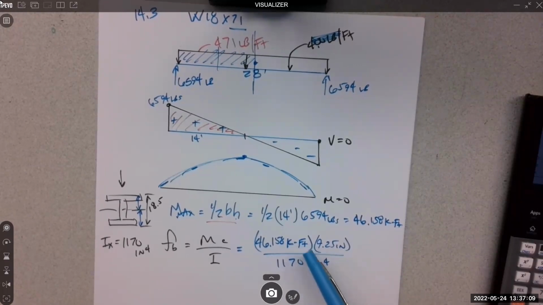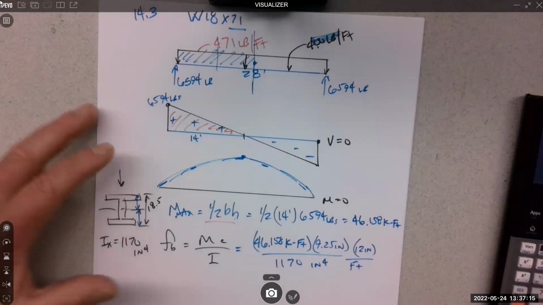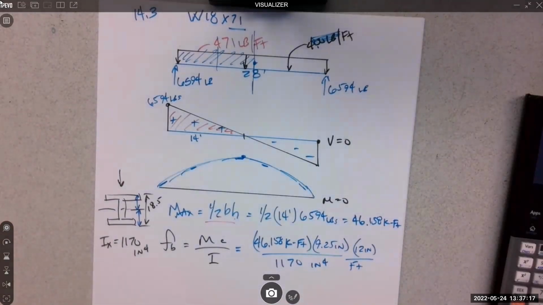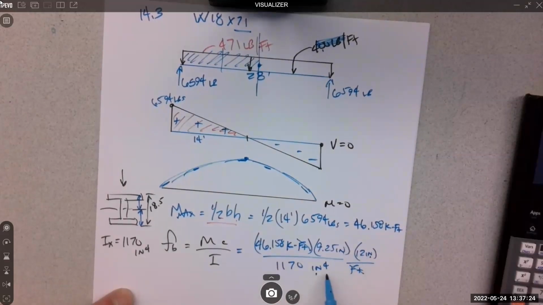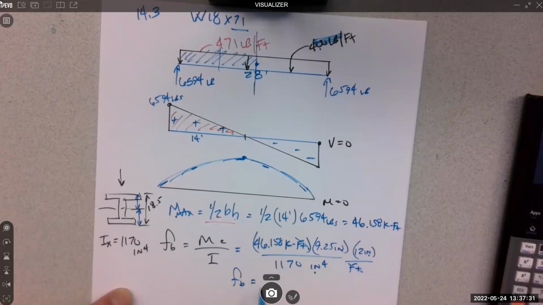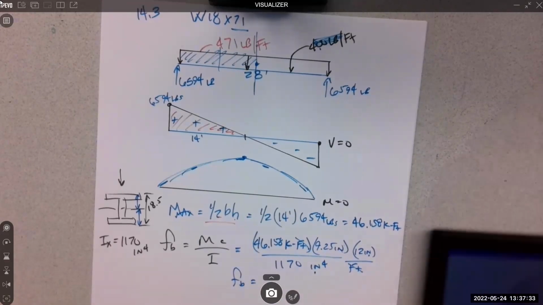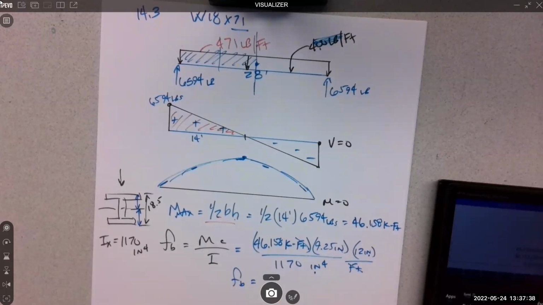So we have to get rid of this foot. There are 12 inches in a foot. So now that unit can go away. I have inches squared, inches to the 4th, so that leaves me inches squared below and kips above. So this is going to be in KSI, which is fine. I can use KSI or I can get it to PSI. Back of the book could have either one, so you just have to be aware of it.